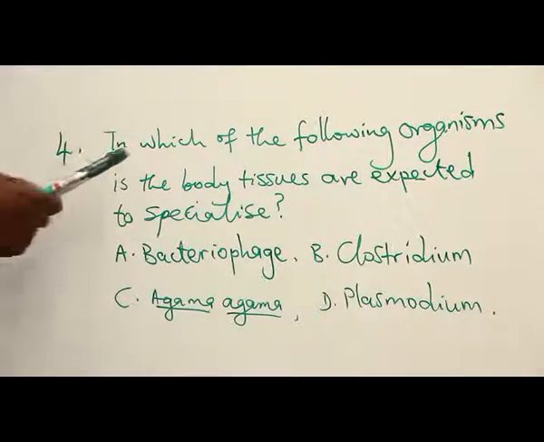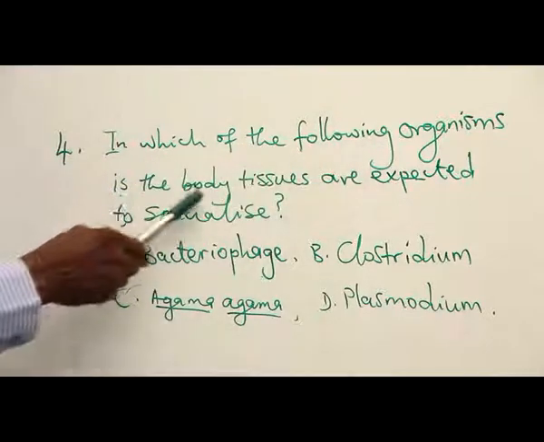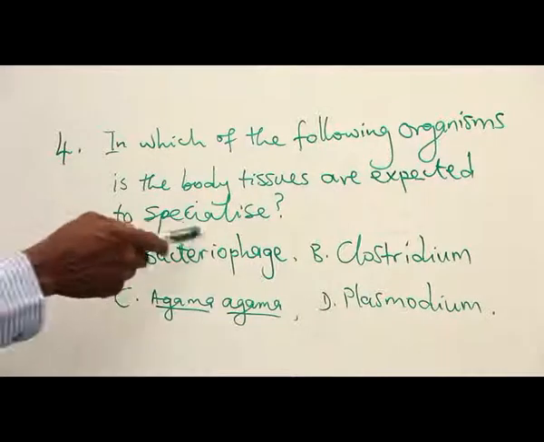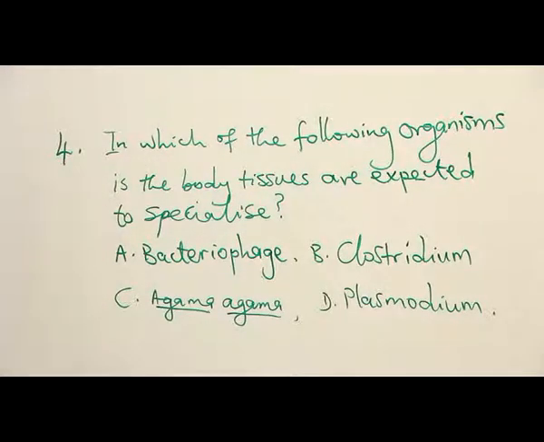Go back to the question. In which of the following organisms are the body tissues expected to be specialized? You have specialized tissues or organs when there is division of labor in the body system. And division of labor comes about when you have a complex body.